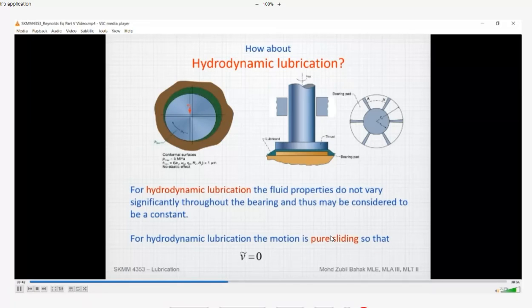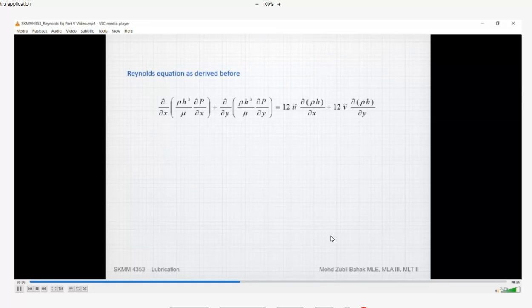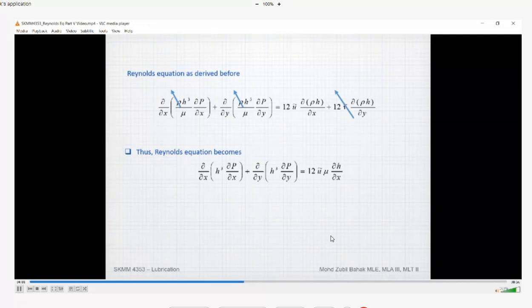So the only velocity that we have is the velocity in the direction of surface movement. So with that, the Reynolds equation now can be reduced to partial over partial x of h cube partial p partial x, plus the partial over partial y of h cube partial p divided by partial y, equal to 12 u bar mu partial h partial x.